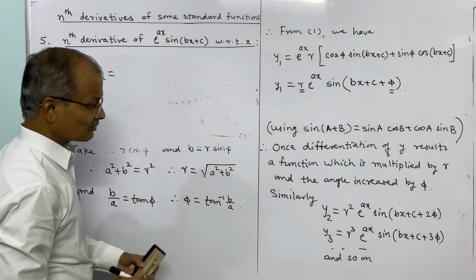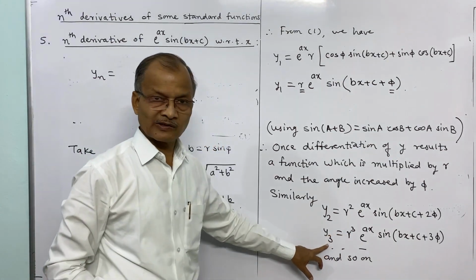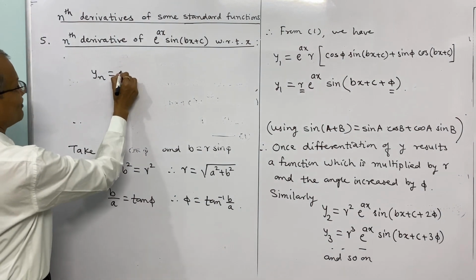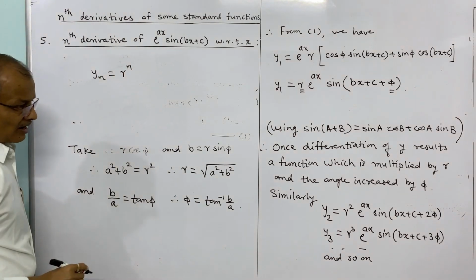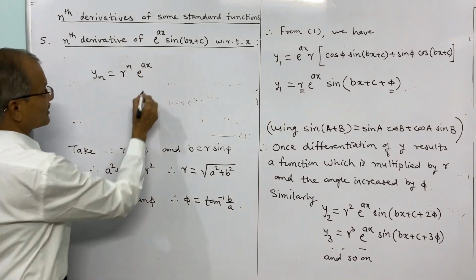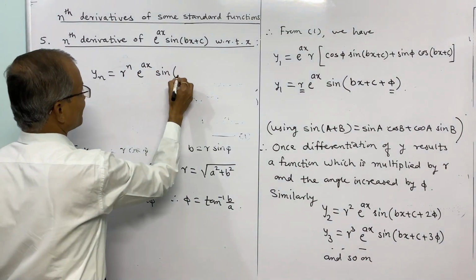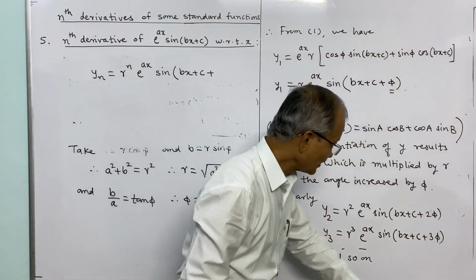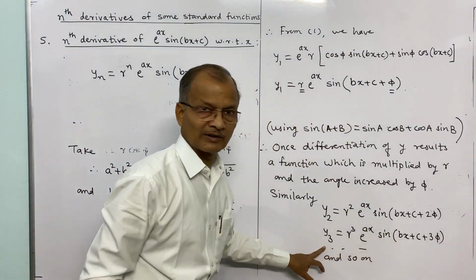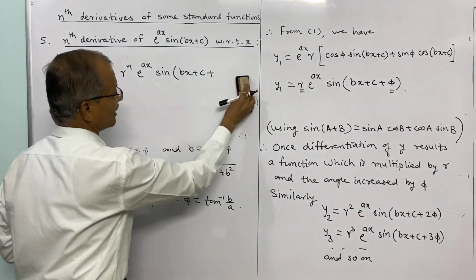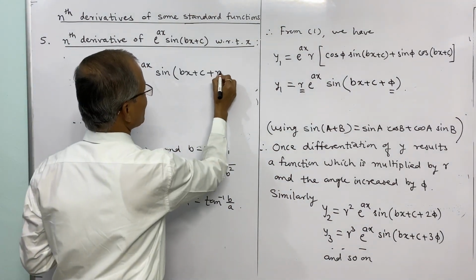It is r cube for y3, and for yn that will be r to the power n, and e to the power ax remains the same. Sine of bx plus c plus, we added 3 times the angle in y3, and in yn that will be n times the angle, n phi.